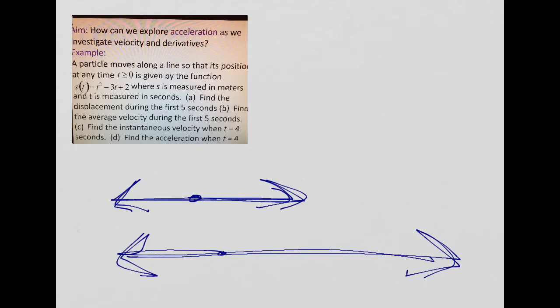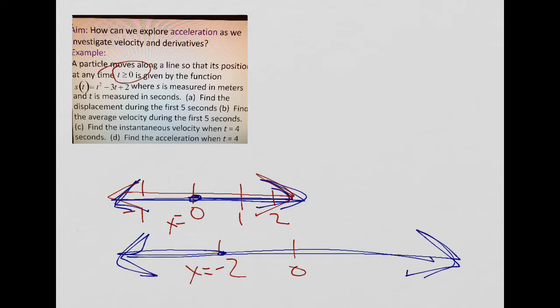So a particle moves along a line so that its position at any time t is greater than or equal to 0. So that's wherever it is for x. Okay, wherever it started is when t is equal to 0. Okay, so then maybe it moves here, and then maybe it moves here, and then maybe it moves there. So it changes position back and forth on the line, depending on what t is.